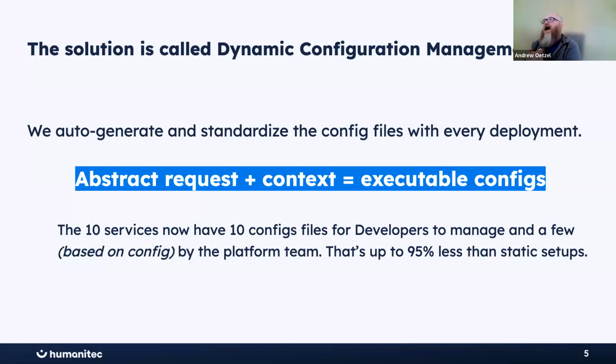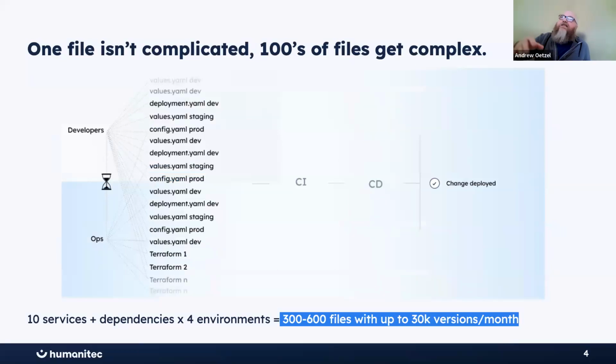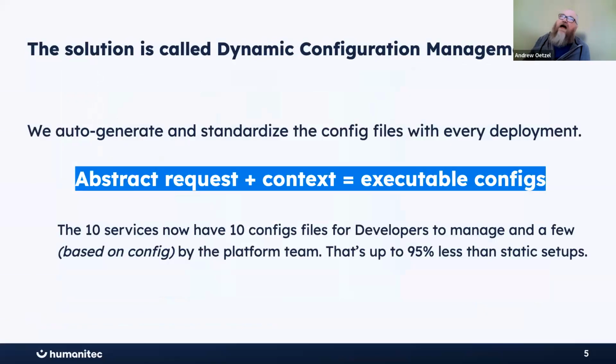That's the job of Humanitec's Platform Orchestrator. It sits in the middle and it generates the required configurations for whatever deployment environment you're deploying to. So now, instead of you having to keep track of deployment.yaml.dev and deployment.yaml.staging and all of those other config files and jumbles of deployment scripts and whatnot, it's Humanitec's Platform Orchestrator that's doing all that for you, and this is the process and method that it is using.